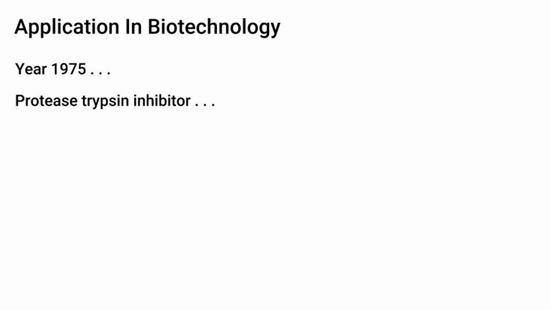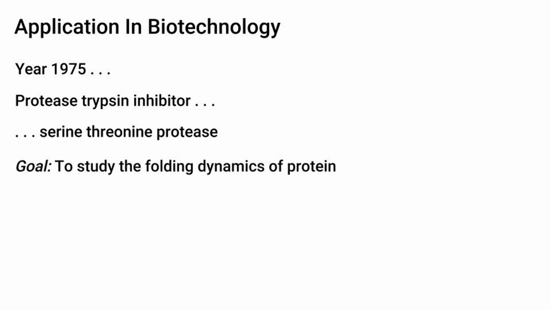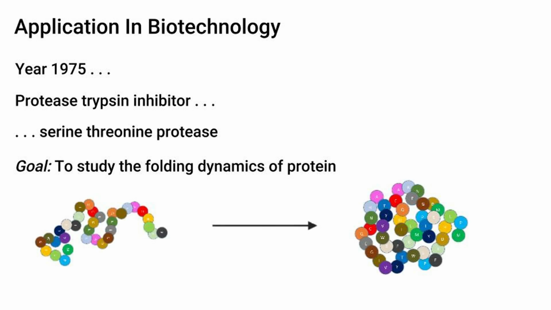The goal of this study was to understand how amino acid sequences influence the protein's 3D structure. Researchers wanted to know how distant amino acids interact with each other to form a protein's three-dimensional complex structure.